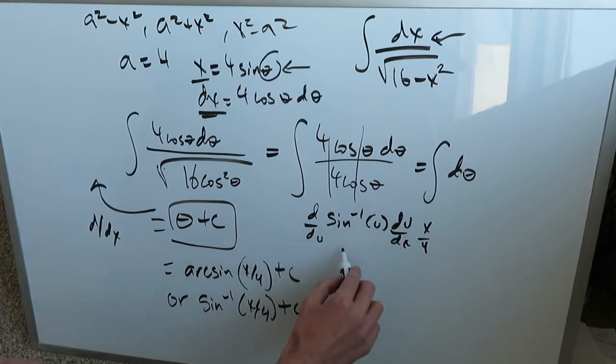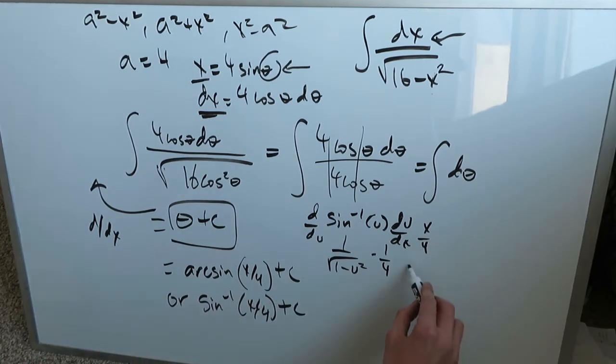You know the derivative of this is going to lead you to this, 1 over the square root of 1 minus u squared. The derivative of this is going to lead you to that, 1 over 4. When you resubstitute back what u was, x over 4, what are you going to get? You come over here, you get this 1 over 4 at the very beginning.